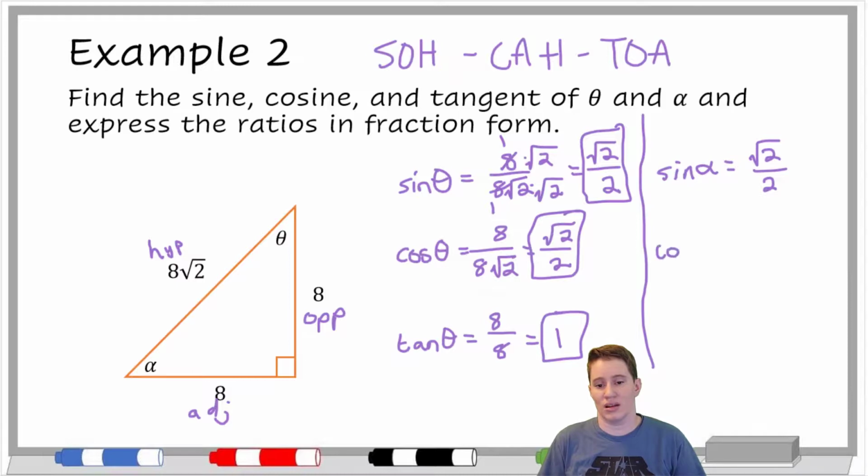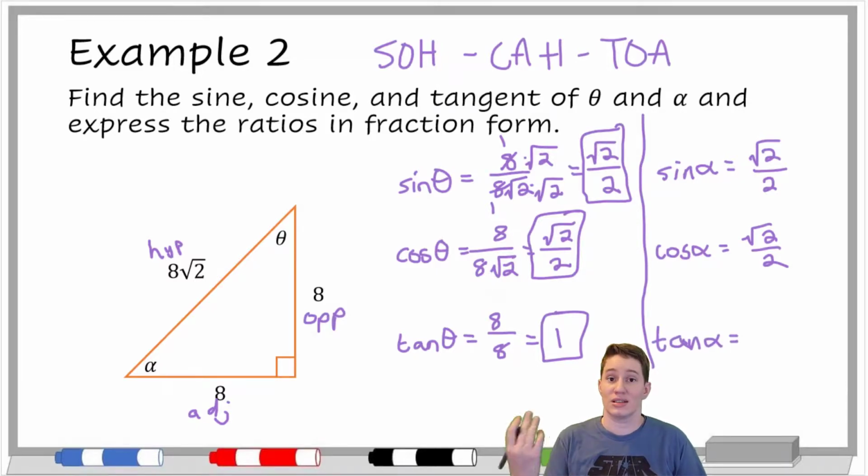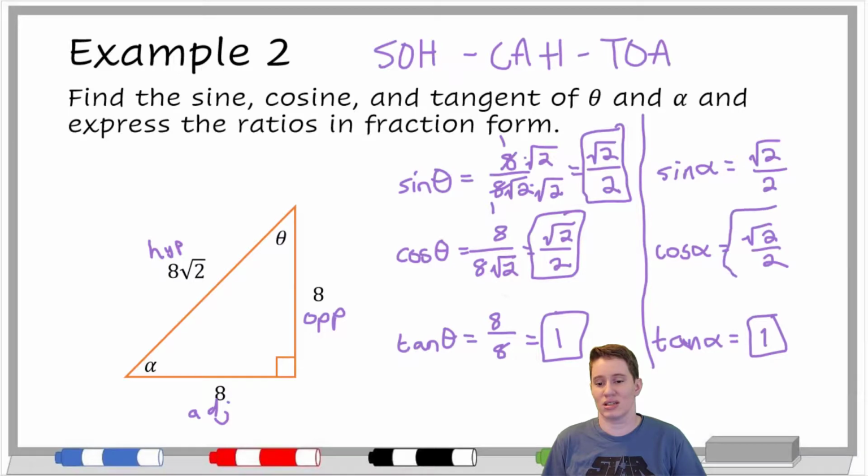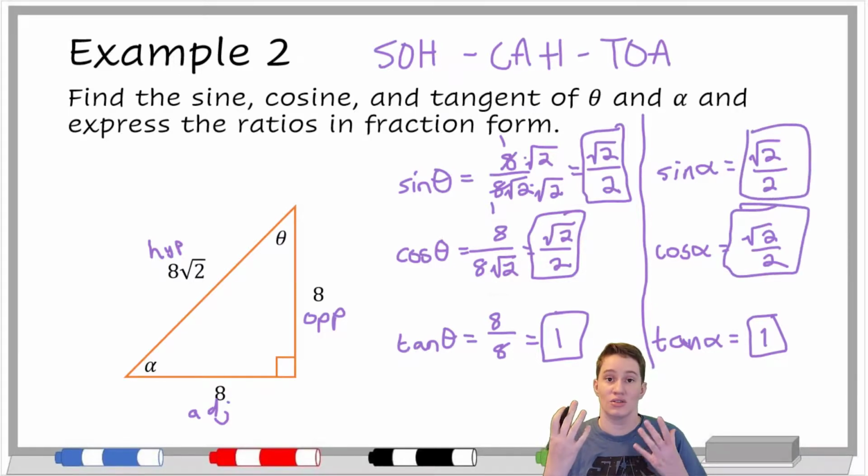And then cosine of alpha equals adjacent over hypotenuse, 8 over 8 square roots of 2, which again simplifies to be square root of 2 over 2. And then tangent of alpha equals opposite over adjacent is 8 over 8, which again simplifies to be 1. So this was kind of an interesting and weird situation because of it being a special right triangle and having the two legs be the exact same like that.